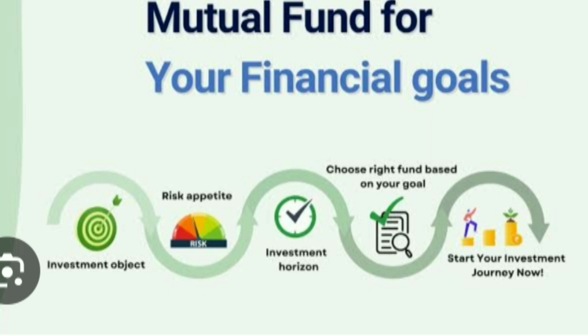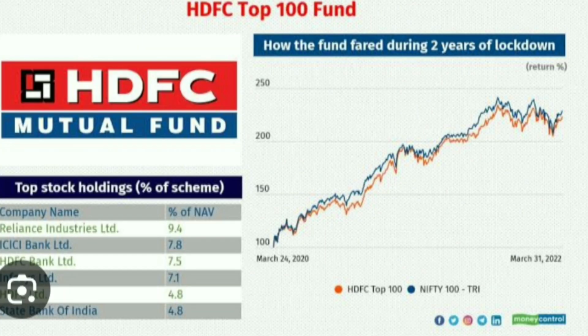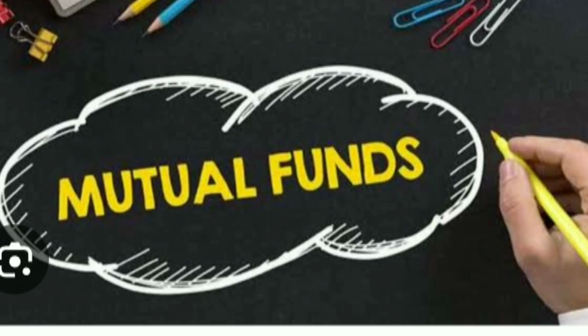It is easy to find a mutual fund that matches your income, time horizon, investment goal, and the risk appetite. Seventh, cost efficiency. You can check the expense ratio of different mutual funds and choose the one with the lowest expense ratio. The expense ratio is the fee for managing your mutual fund.